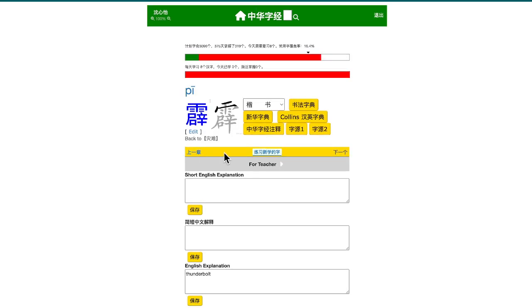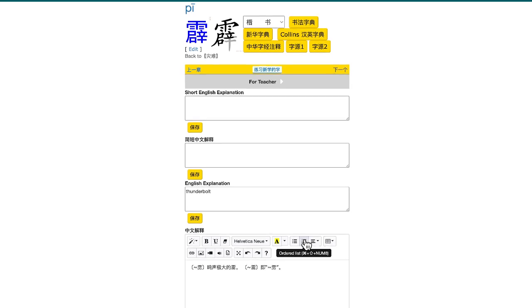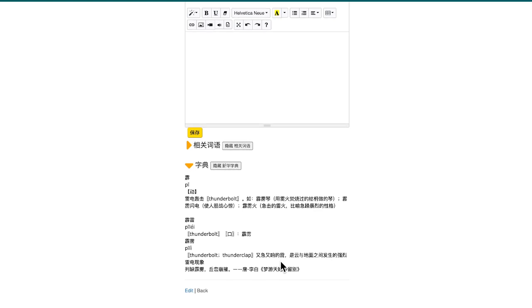So first one, the character is pi. This one actually refers to thunderbolts.